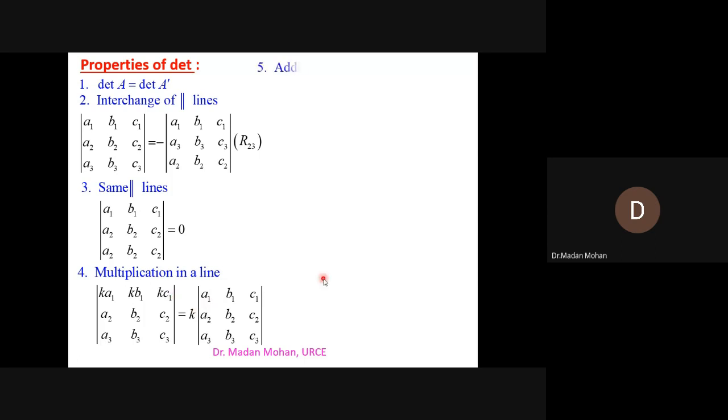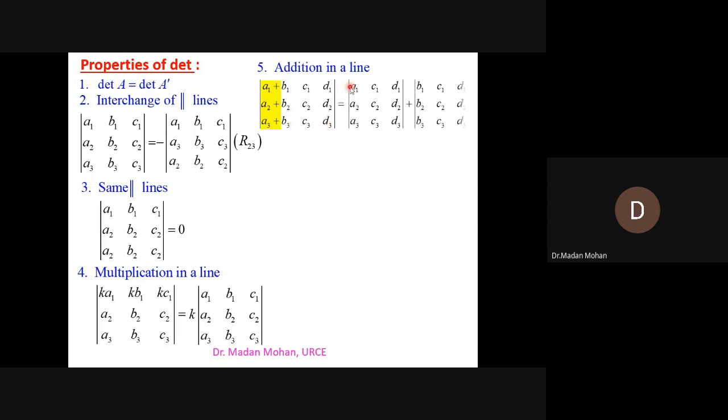Next, the fifth one. Addition in a line. Suppose in a determinant, a row or column is the sum of two numbers like this. This can be written as the sum of two determinants. Ignore these b's and write the determinant, plus, now ignore these a's and write the determinant. Here the first column is A1, A2, A3.